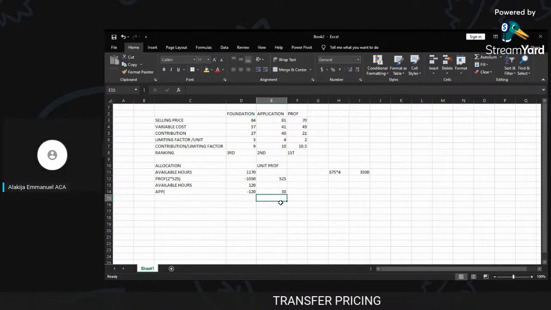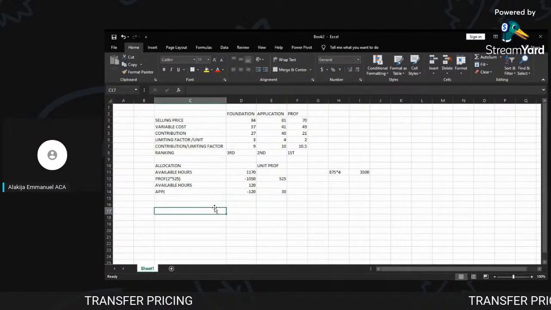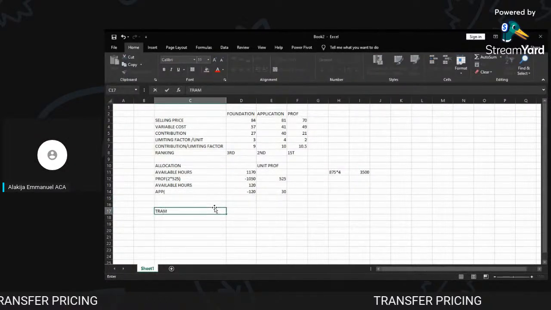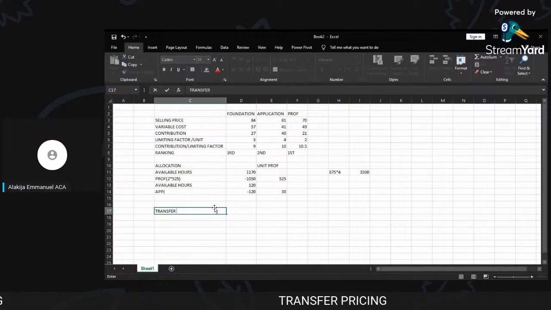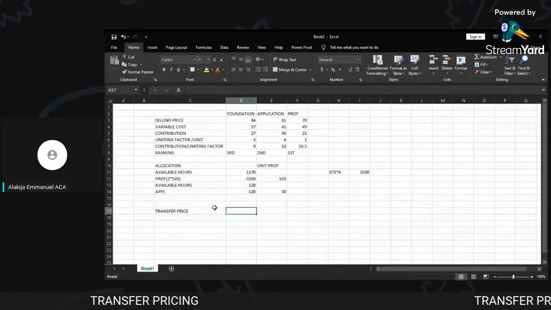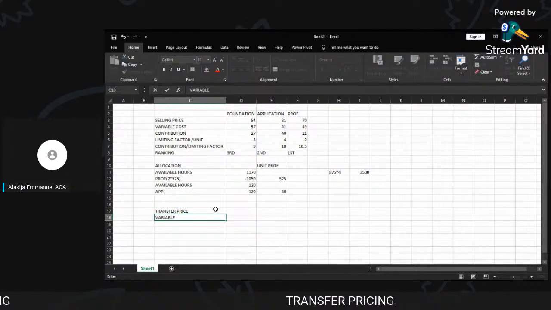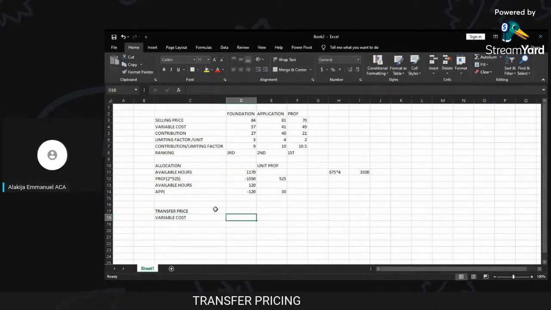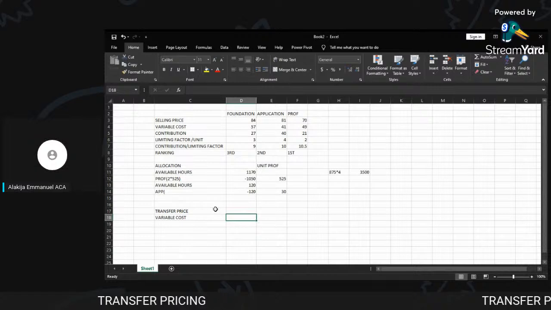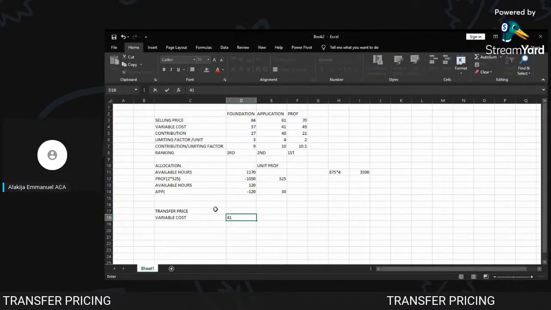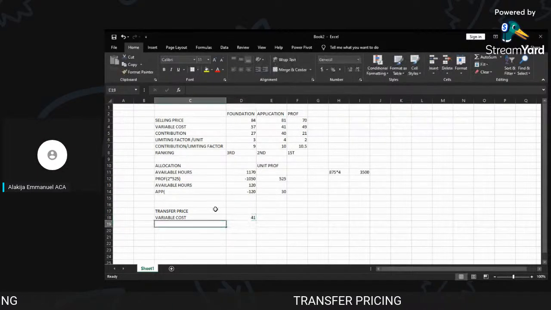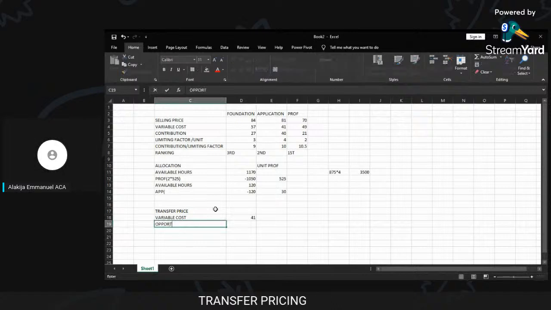So for you to be able to do this, the transfer price is going to be at variable cost, and the variable cost of application is 41 naira plus opportunity cost.